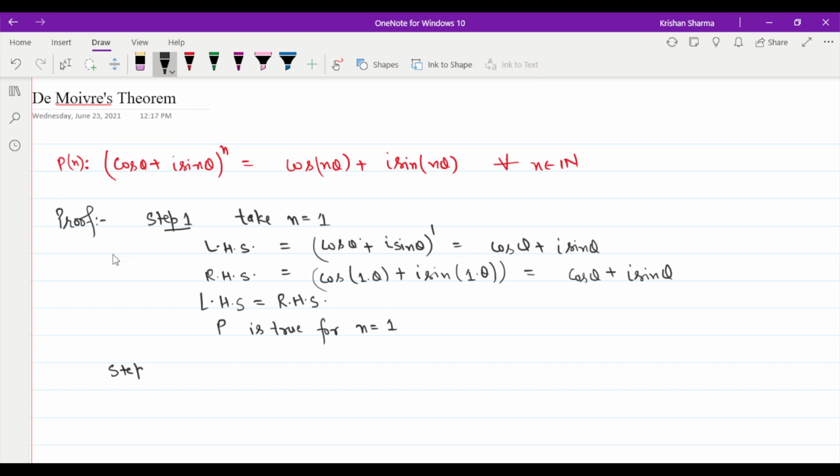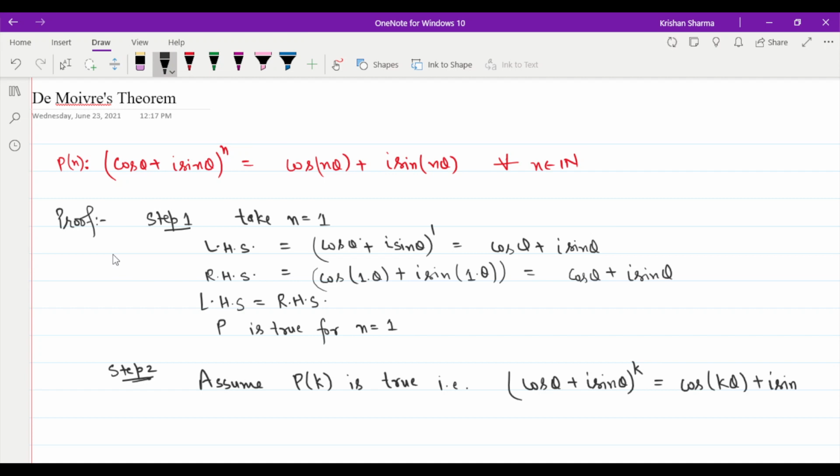Now we are going to do step 2. In step 2, we assume the statement is true for n equal to k. So assume P of k is true. It means what we are assuming is (cos theta + iota sin theta)^k = cos k theta + iota sin k theta for some k which is greater than 1.